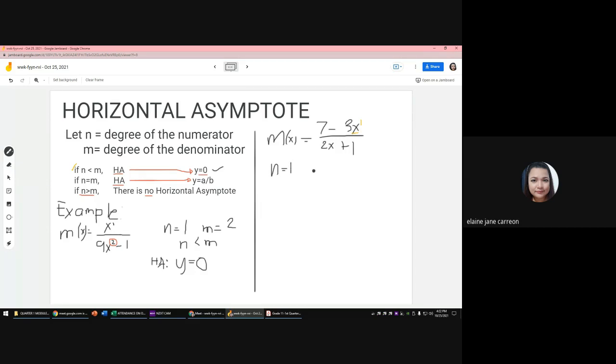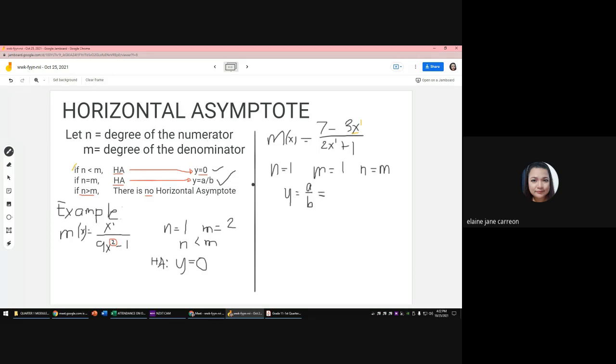So, the degree of n, the numerator, is 1. How about m? What is its degree? 1 also, meaning the exponent. Let's see what happened. n is 1, m is 1. Therefore, n is equal to m. So, it falls on the second condition. Therefore, our horizontal asymptote is a over b.